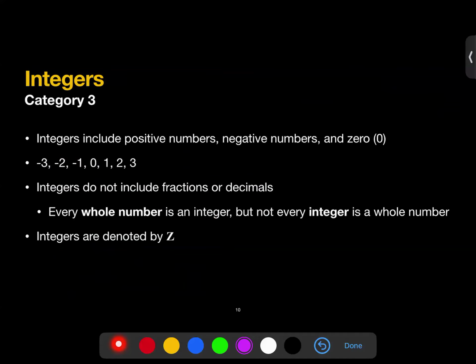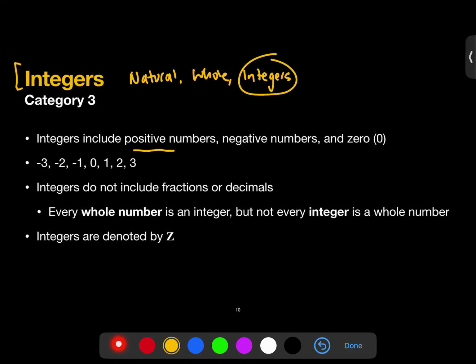So from here we learned the third category, which is integers. So remember we have the natural numbers, whole numbers, and now we have integers. So integers, if you remember, include the positive numbers, negative numbers, and 0. So natural numbers here would be only these. So our counting numbers, 1, 2, 3.